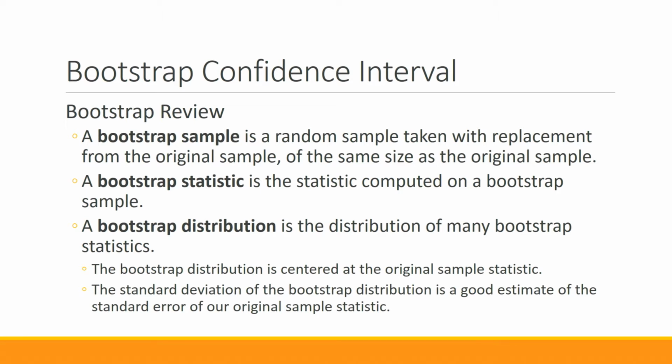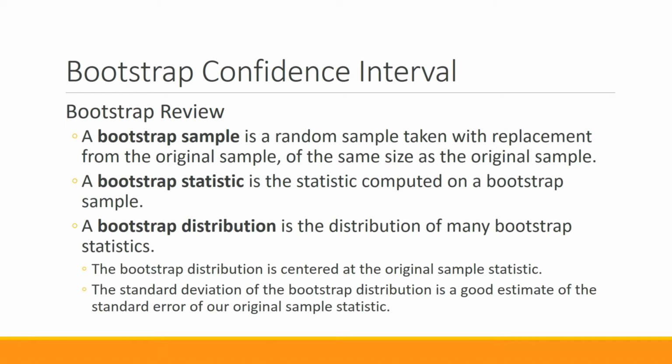A couple of notes about the Bootstrap distribution. It is centered at our original sample statistic, and this should at least somewhat intuitively make sense. Let's think about where our Bootstrap distribution comes from. It comes from Bootstrap statistics, those statistics are calculated from Bootstrap samples, and Bootstrap samples come from the original sample.